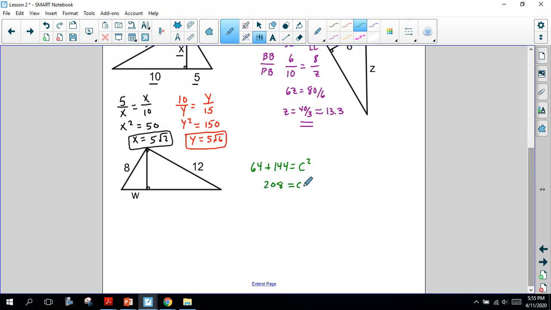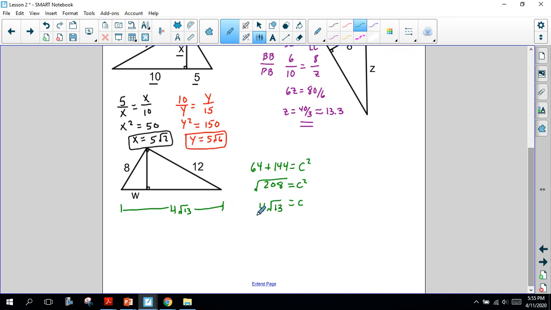That's equal to c squared. Let's see, the largest perfect square in 208 is going to be 16. So when I take the square root of 208, I should simplify into 4 radical 13. So now I know that the hypotenuse here is 4 radical 13.